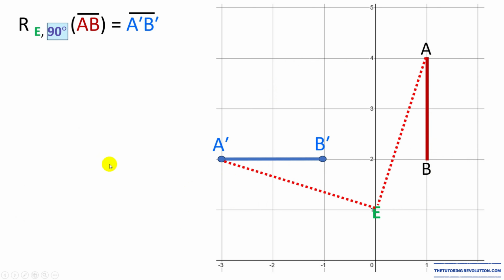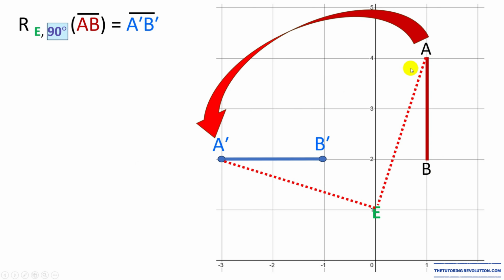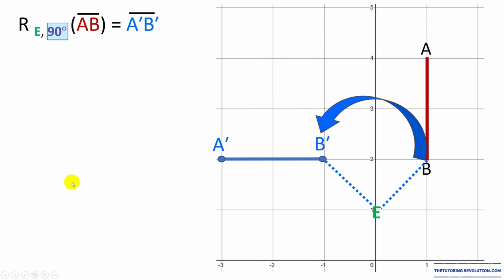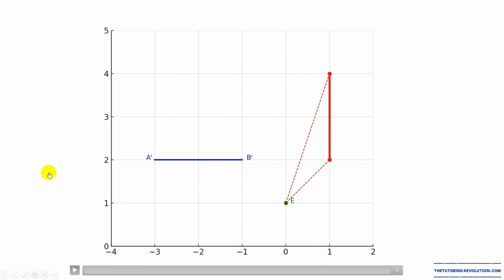So basically the point A was rotated 90 degrees. As you see, this is a 90-degree angle counterclockwise. And point B was also rotated 90 degrees counterclockwise. This animation shows what's going on here.